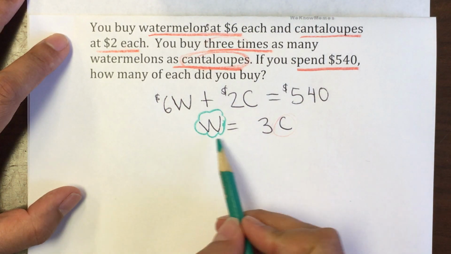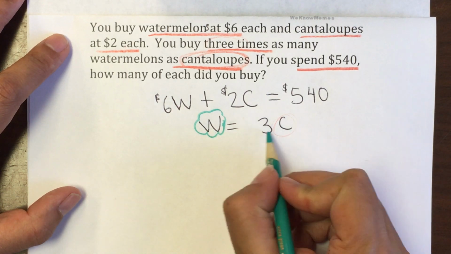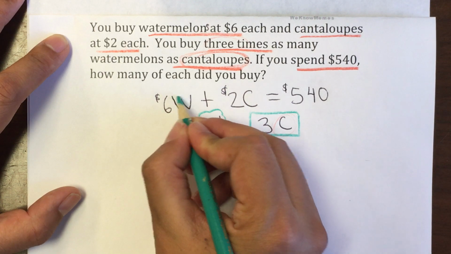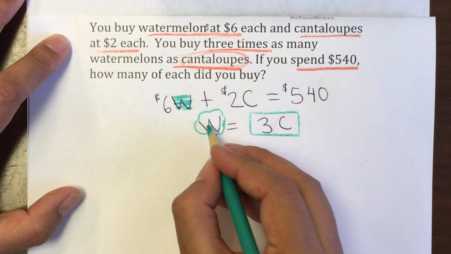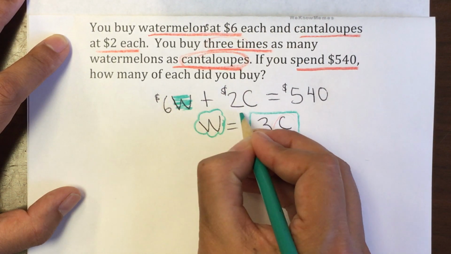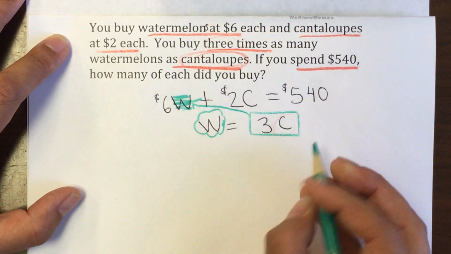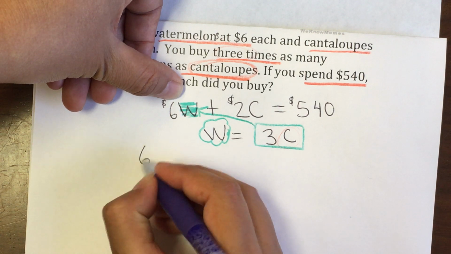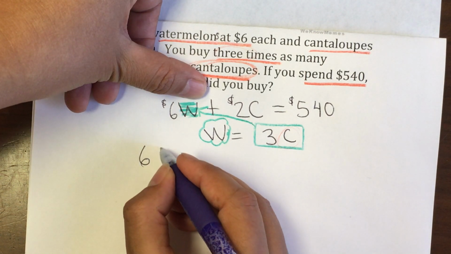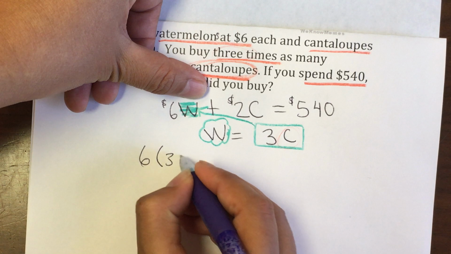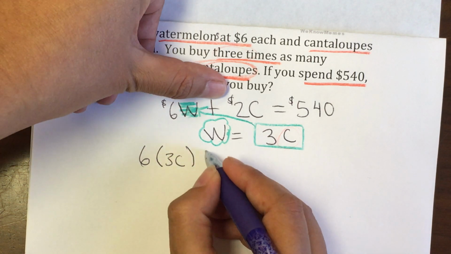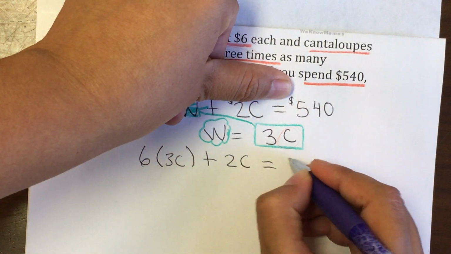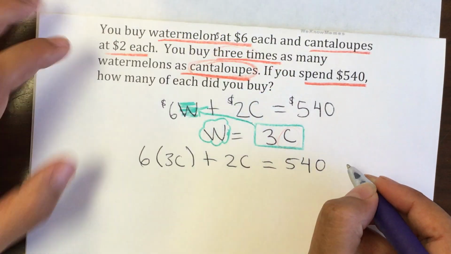Okay, now that I have my equations, I notice that the W is isolated, so I can use substitution method again. So I'm going to replace that W with its value, which is 3C. And so I start writing 6 multiplied by 3C plus 2C equals 540.